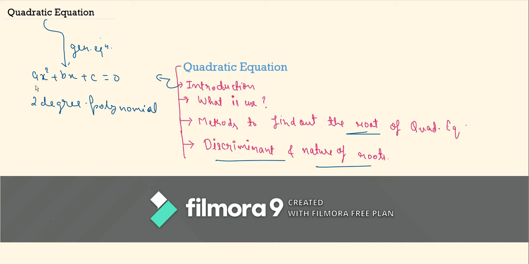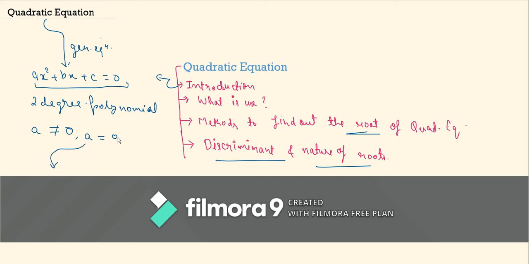But one more thing: to keep this equation in 2-degree, a should not be equal to 0. Suppose for a while we make it 0 and observe the change.